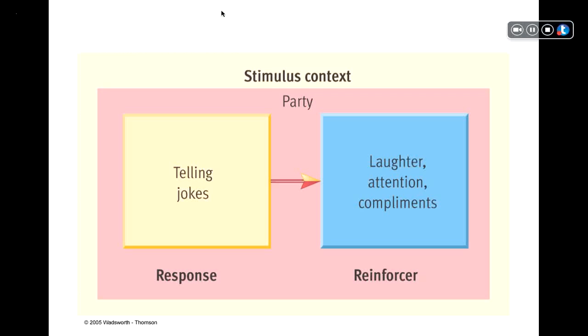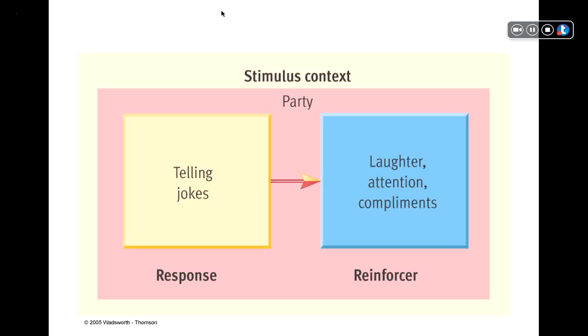I want to put this in the context of an example. So you have an individual who has the personality attribute of being the life of the party, the social extrovert. How does a person develop that particular behavioral repertoire? So we have the stimulus context, it's a party.